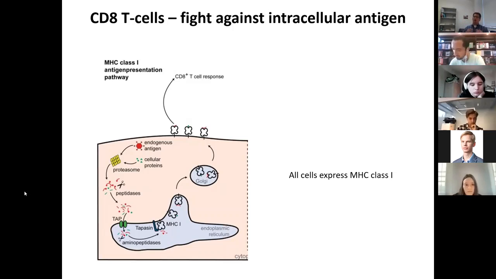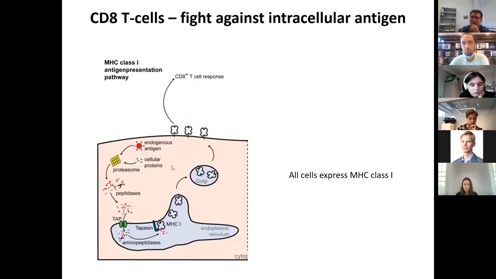Okay, so when you have an intracellular pathogen, what is important is that you somehow have an idea of what is happening inside the cell without killing the cell. You have to know whether the cell is infected or not before you decide to kill it.